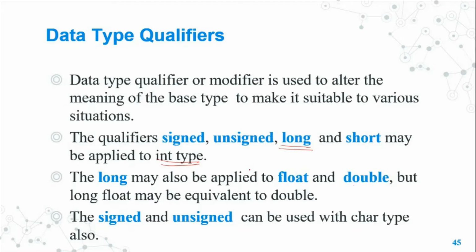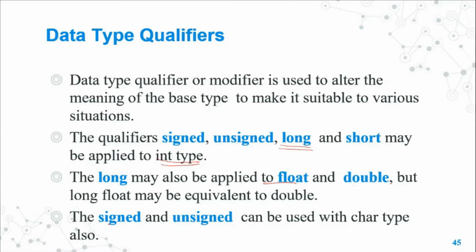That is, it can be long float as well as long double. But long float may be equivalent to double. If we say long float, then it is equivalent to double itself. So normally we don't go for long float, and if we do, it means it is double itself.